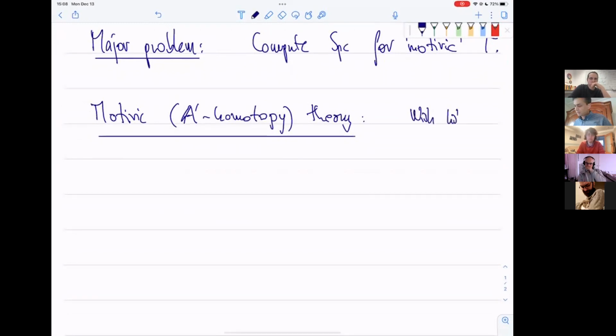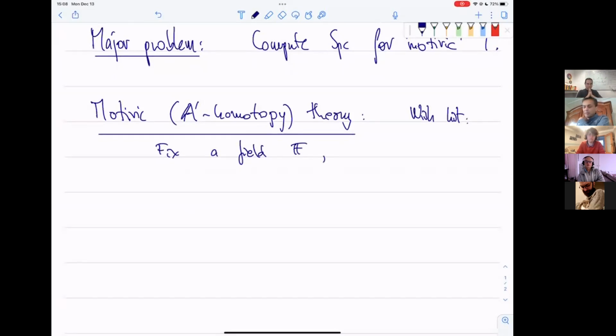So you have a wish list, and the wish list is that you want to do a homotopy theory of algebraic varieties. So you fix a field. I'm going to call it F, and for many of the things I'm going to say, it's better to assume it's perfect, so that every finite extension is separable and of characteristic different from 2.